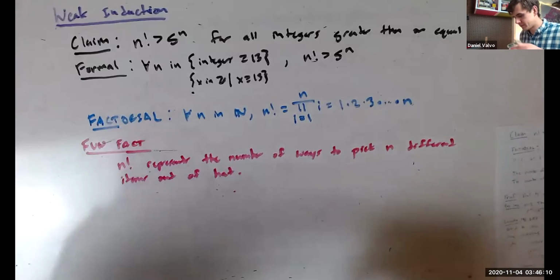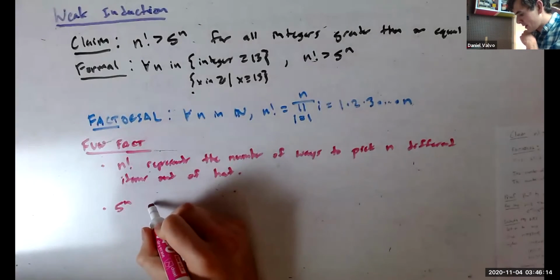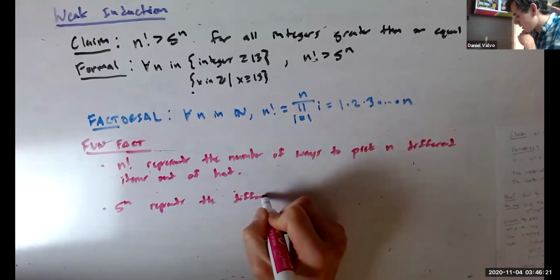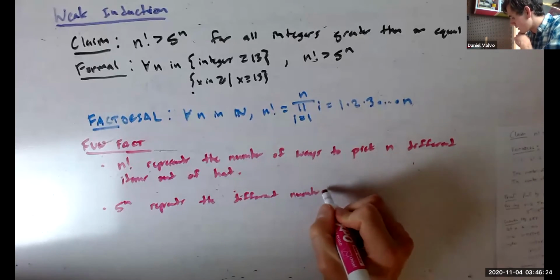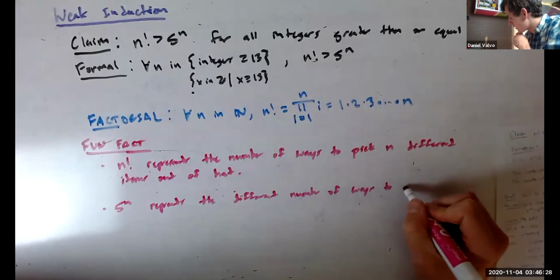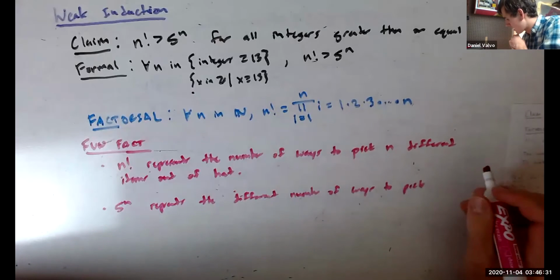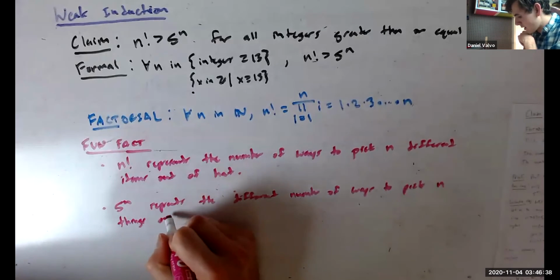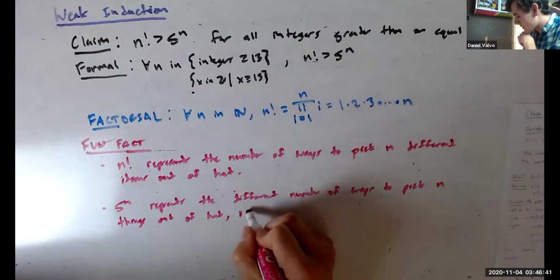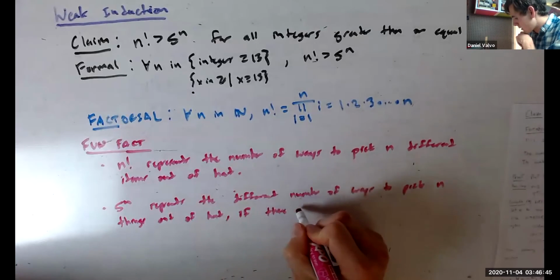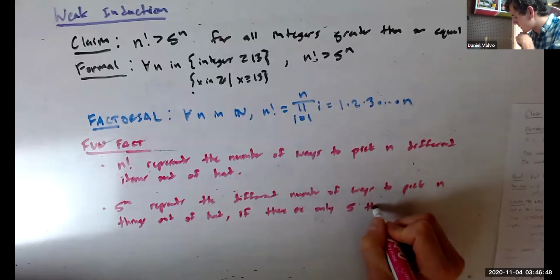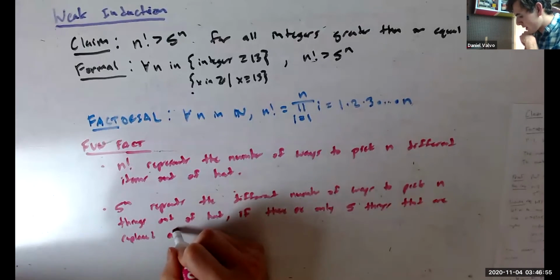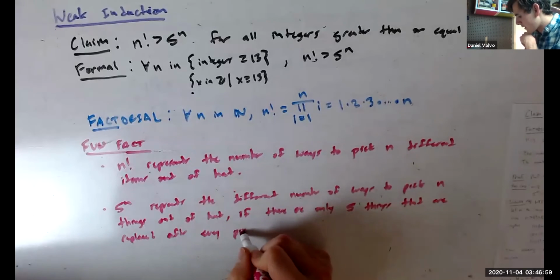Also fun fact, 5 to the n represents the number of ways to pick n things out of a hat if there are only 5 things that are replaced after every pick.